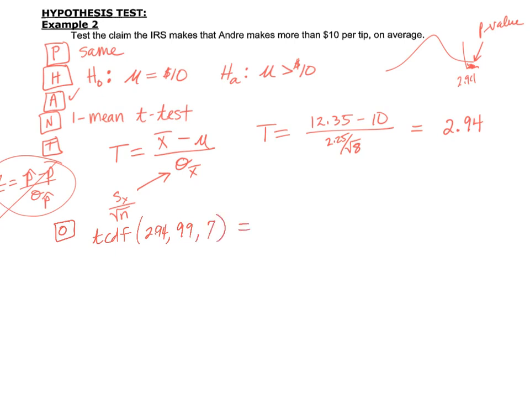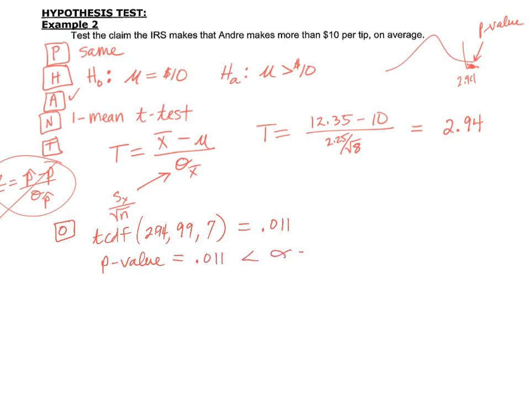That comes out to be 0.011. So what is 0.011? Our p-value. That is your p-value. Very good. So let's write that: p-value equals 0.011.